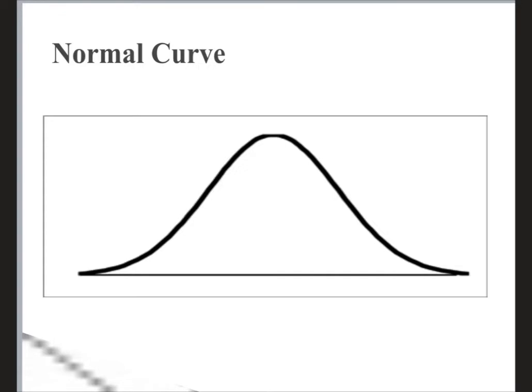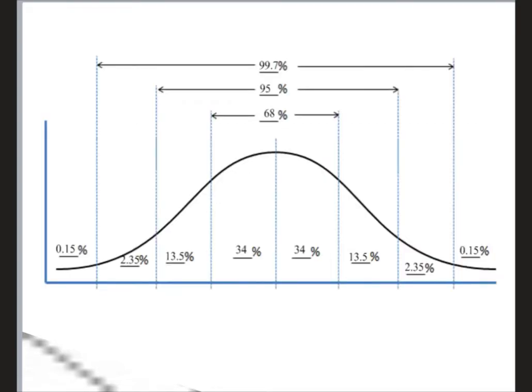Okay, so we're going to set up our curve with some percentages. Everything we have, all the data falls underneath this curve no matter what data you're collecting. Now the middle, I'm just going to give you this, we'll talk about it later too.